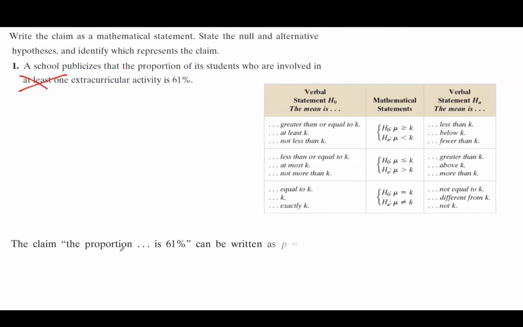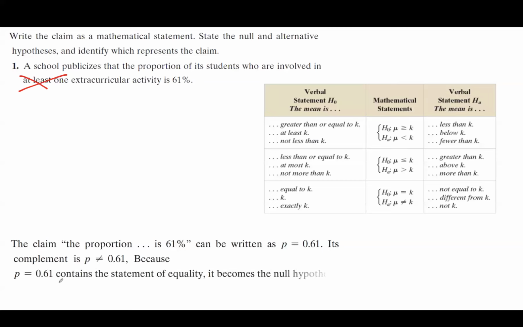Because the claim, the proportion is 61%, gives you the keyword. This can be written as the population proportion p is 61%. Its complement is p is not 61%. It might be less than 61%, or it might be more than 61%. Because p equal to 61% contains the statement of equality, it becomes the null hypothesis for you.